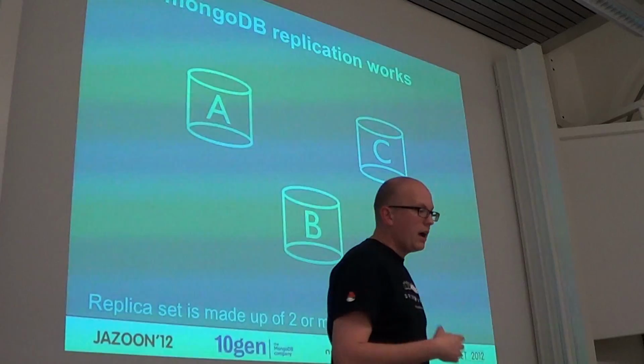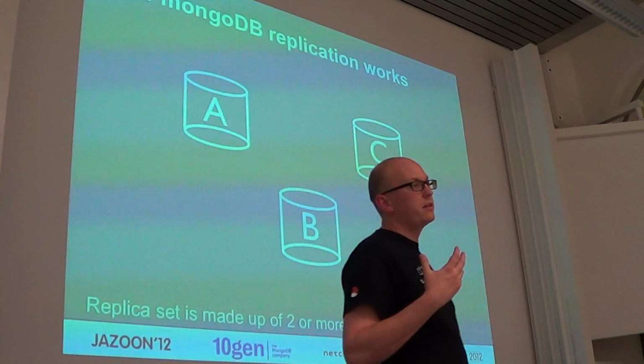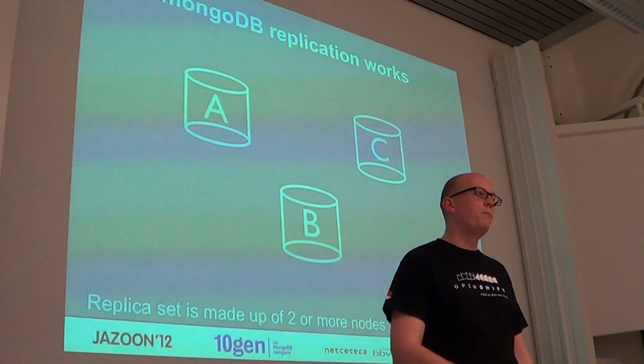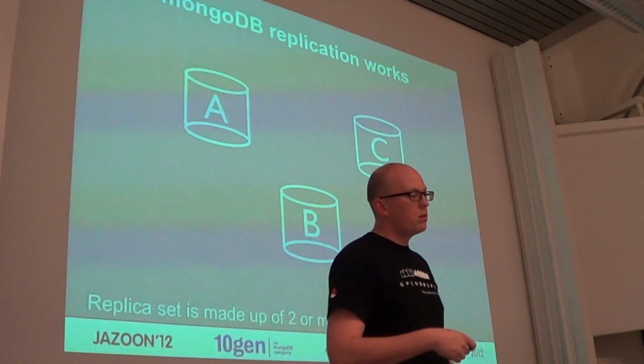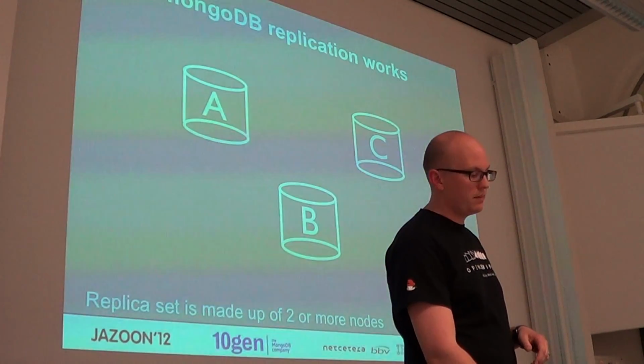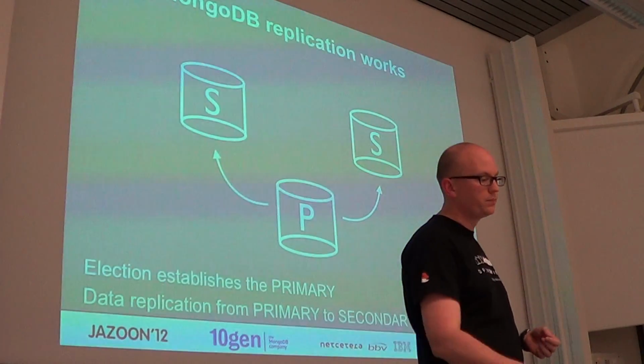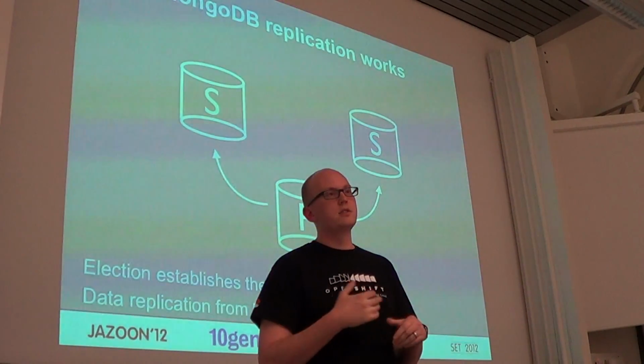So how it works is actually extremely simple, but a replica set has to be made of 2 or more nodes. When you set it up, you just put in a command line flag and say you're using a replica set, and you add the nodes to the configuration simply through the command line. And what happens is an election is called.